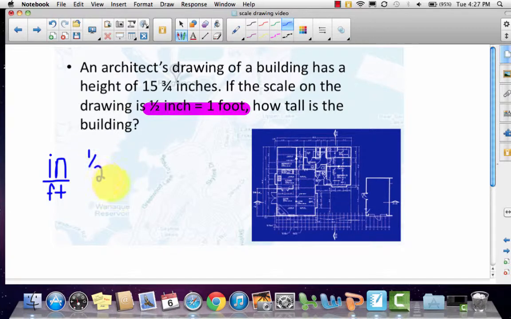Looking back through the problem, I can pull out another piece of information, which is that the height is 15 3/4 inches. And that measurement is inches, so I put it across from the label for inches, 15 3/4. The question is asking us how many feet tall is the real building, and since that's the missing information, that becomes x in my proportion.